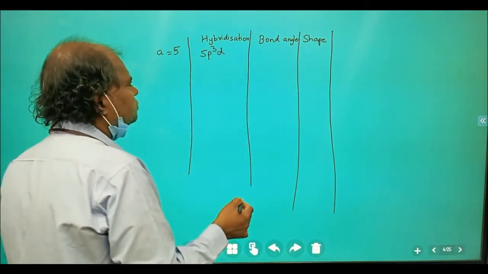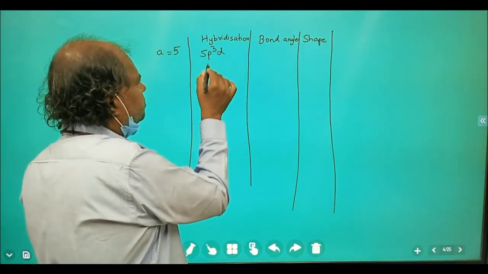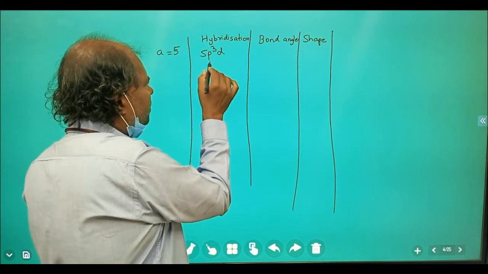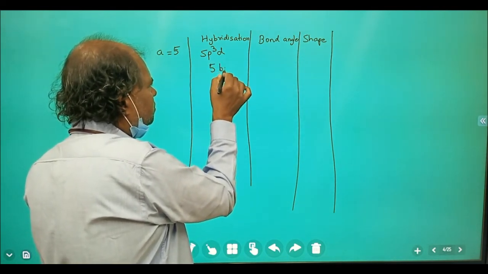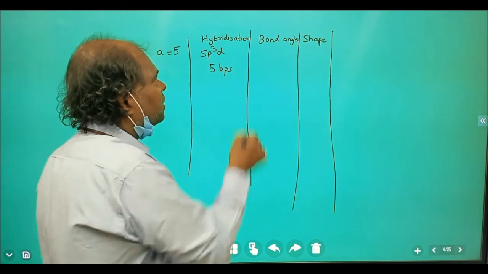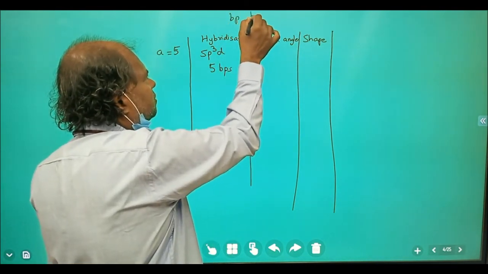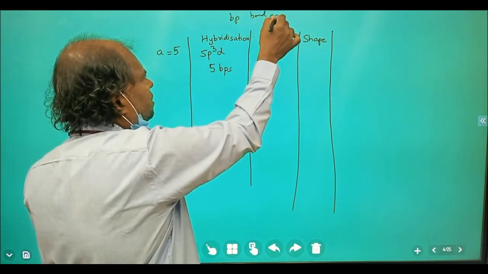Now sp3d, students, you have 5. So if all the 5 are bond pairs, when I say BP means bond pair, please remember BP is bond pair. And what is LP?